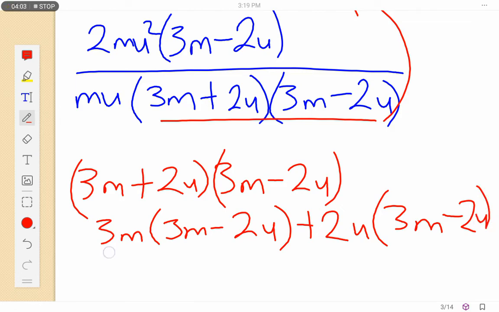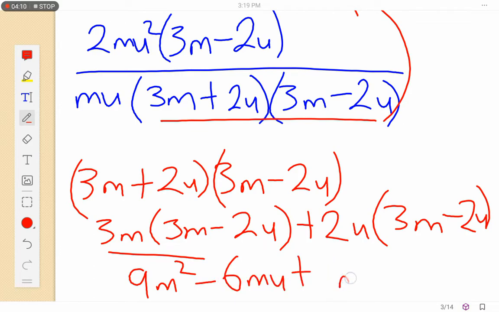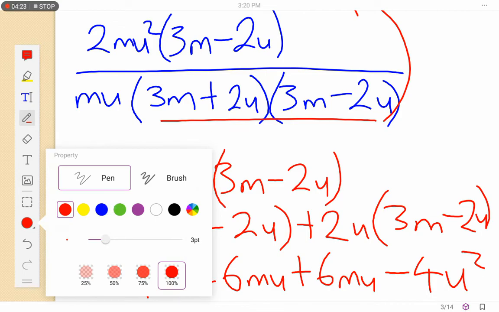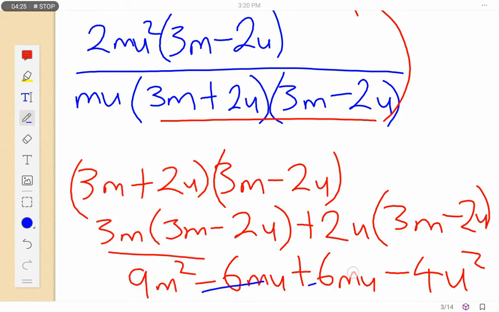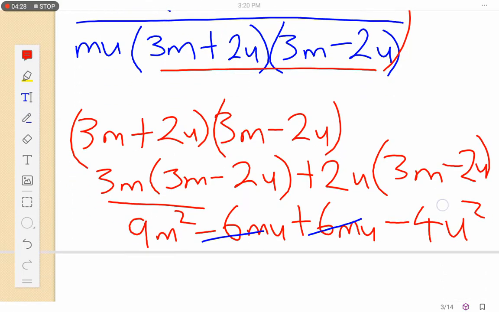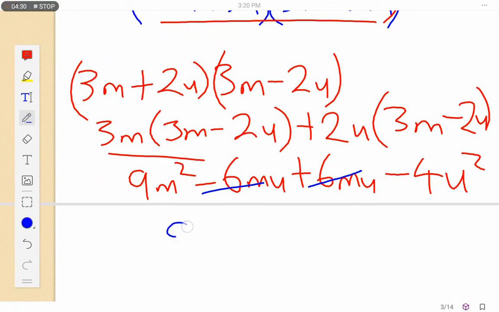Then I get 9m squared minus 6mu plus 6mu, then minus 4u squared. The minus and plus give a 0. That's why we end up having 9m squared minus 4u squared. Okay, so that's how we are factorizing that one.